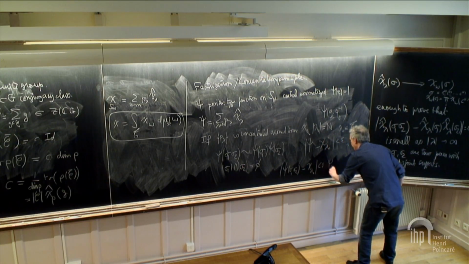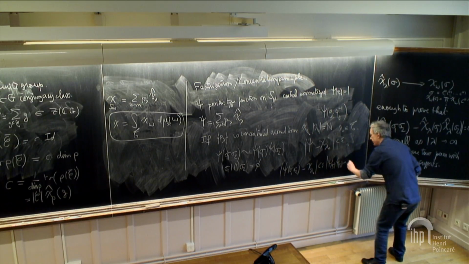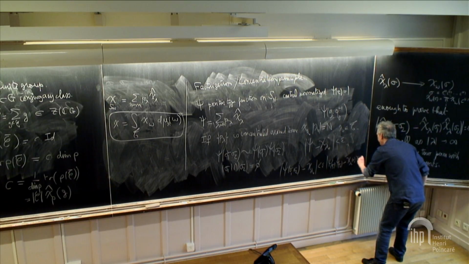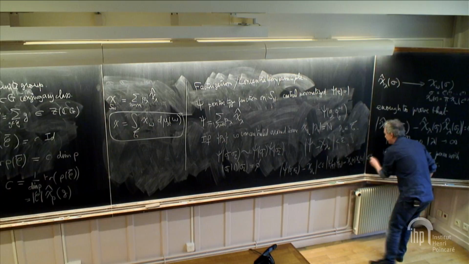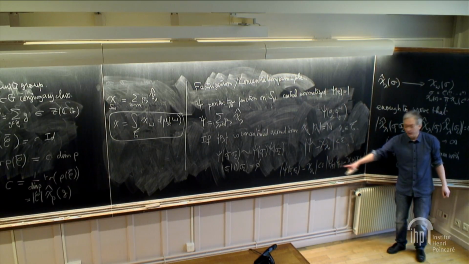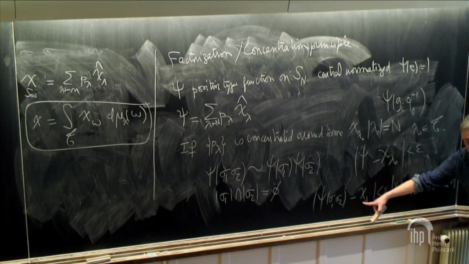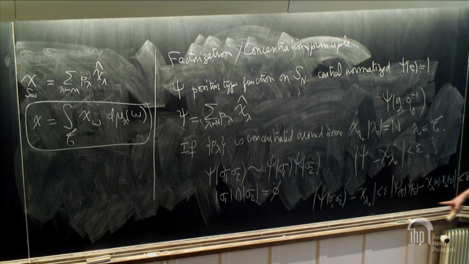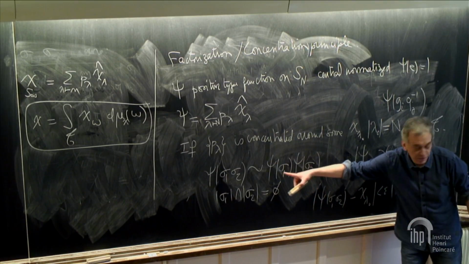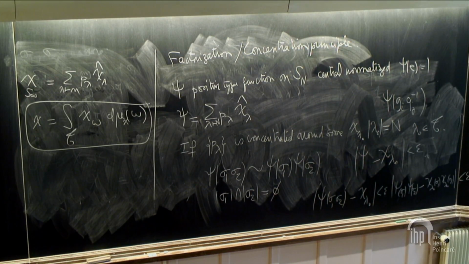And then psi of sigma 1, psi of sigma 2 minus chi lambda 0 of sigma 1, chi lambda 0 of sigma 2 will be smaller than epsilon. And then the difference between that and that will be smaller than 1 over n. So this difference here will be smaller than 1 over n plus 2 epsilon. That's all. It's trivial.